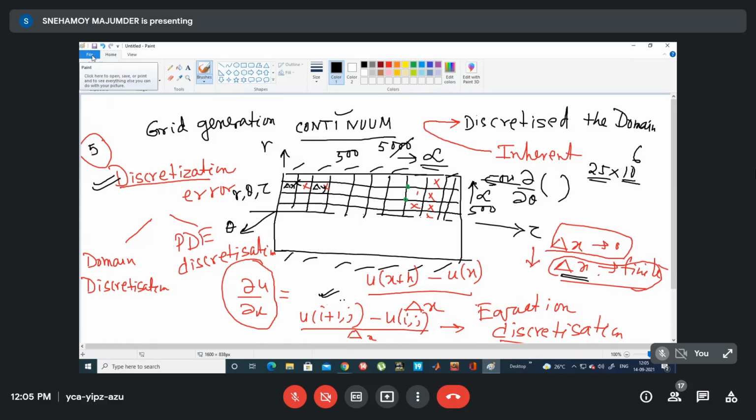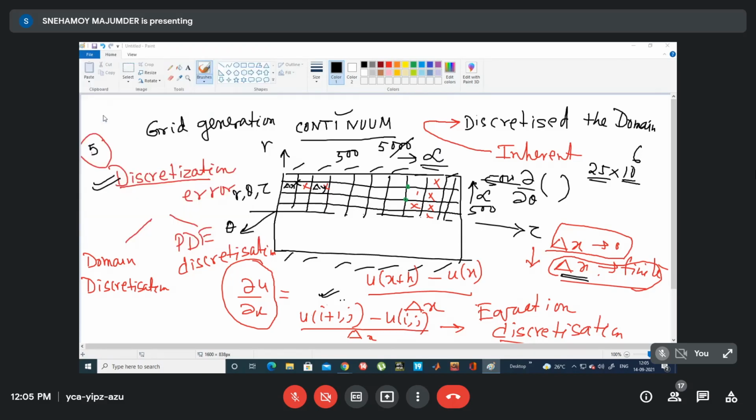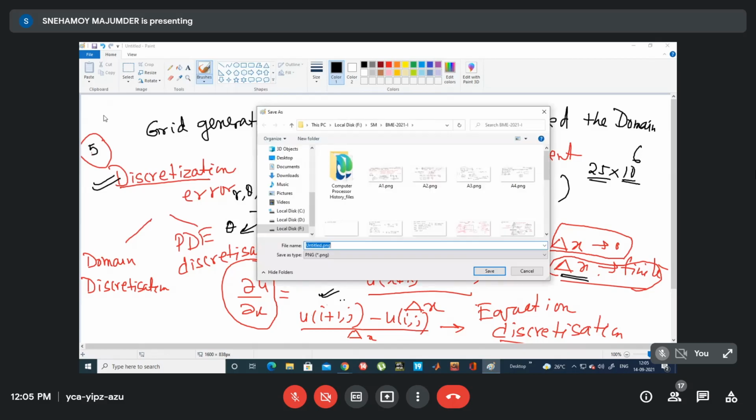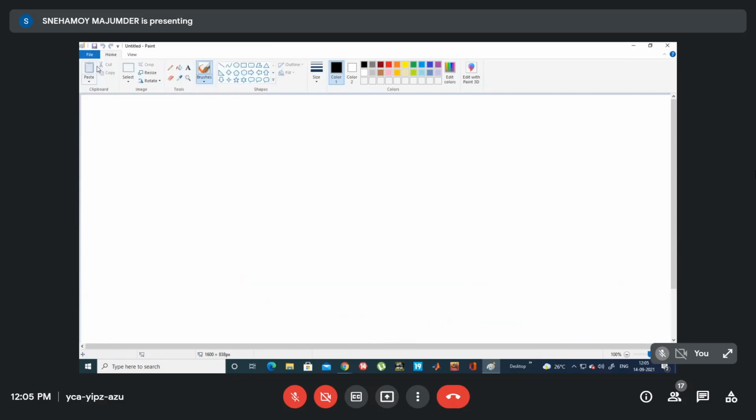You have to minimize that. And fourth is the inherent error, inherent to the problem, the definition of the problem, and fifth is the discretization. So all these errors are there in a numerical procedure.